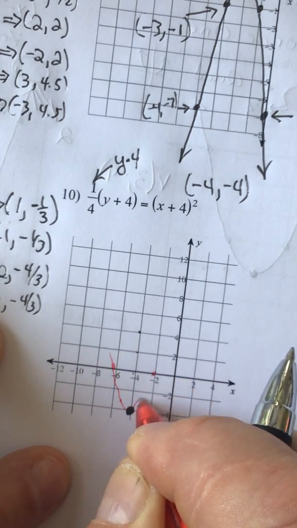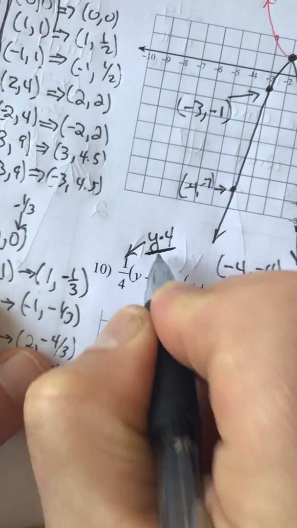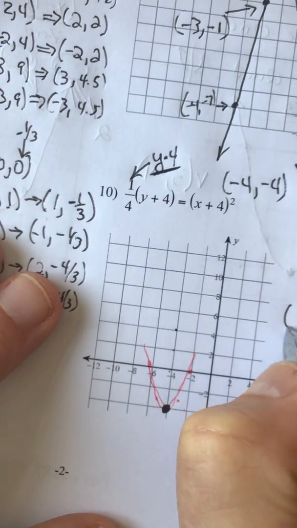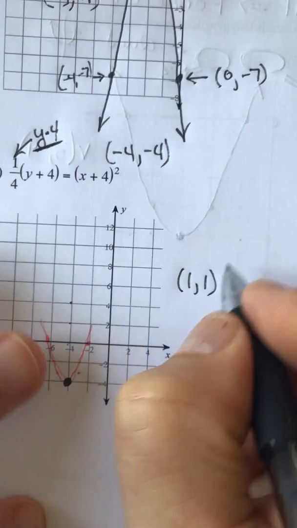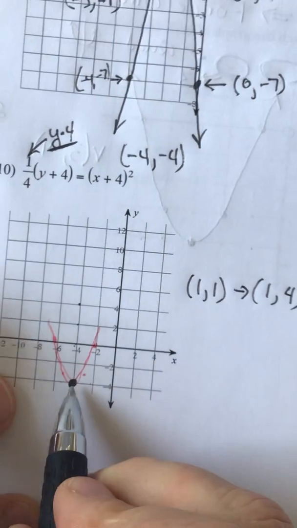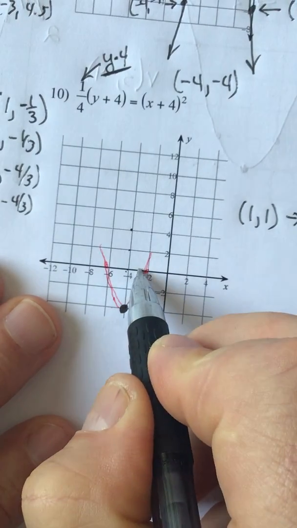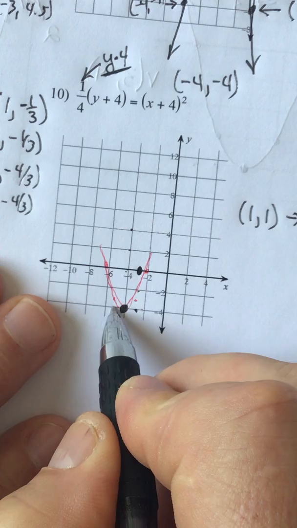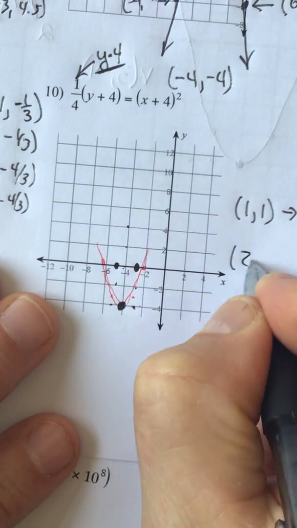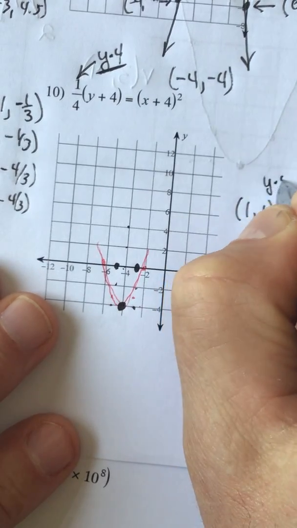So the red is what it would be if it wasn't stretched. But it's stretched times 4. So everything's going 4 times more than that. Instead of going over 1, up 1, I'm going to go over 1, up 4 times as much. So from this new center, over 1, up 4 is right there, and over 1, up 4 is right there. And then it should go 2, 4, but the y values are getting times 4.